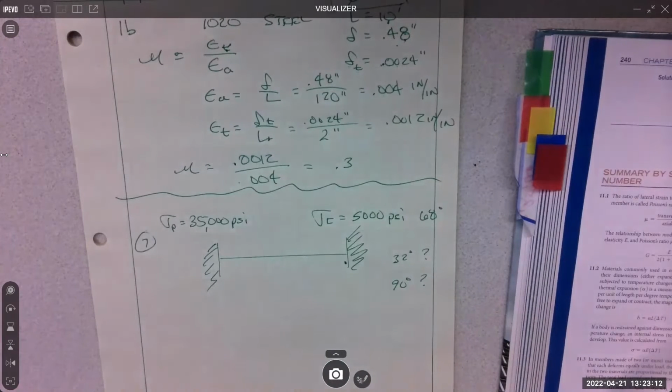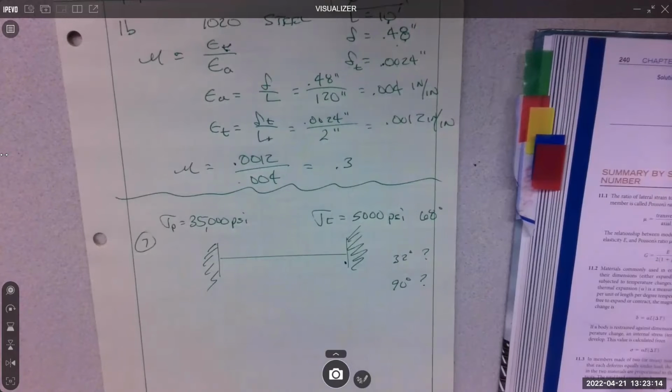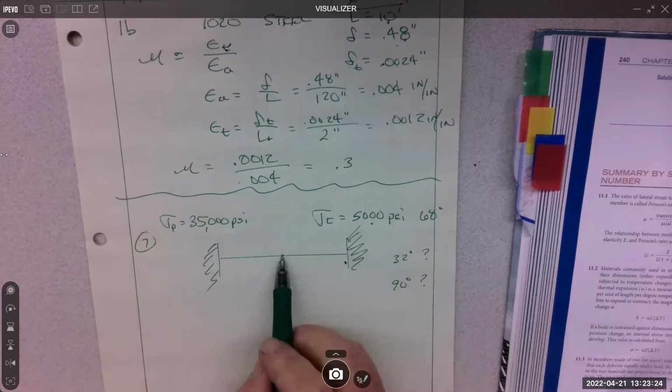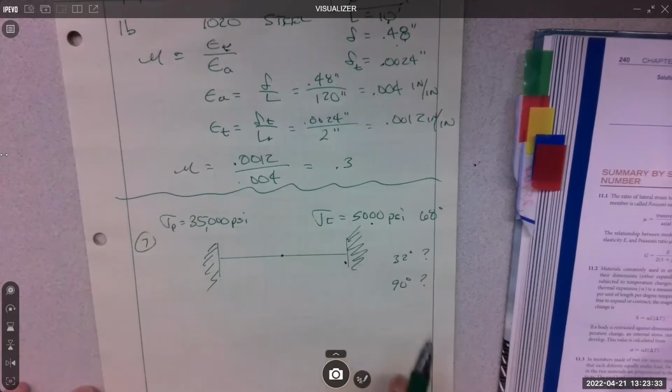So when we cool something down, it wants to do what? Shrink. So that is going to be additive to this 5,000 PSI. Because this wants to shrink, it's actually going to increase the overall tensile stress, right? When it heats up, it's going to relieve it. So that kind of makes sense.